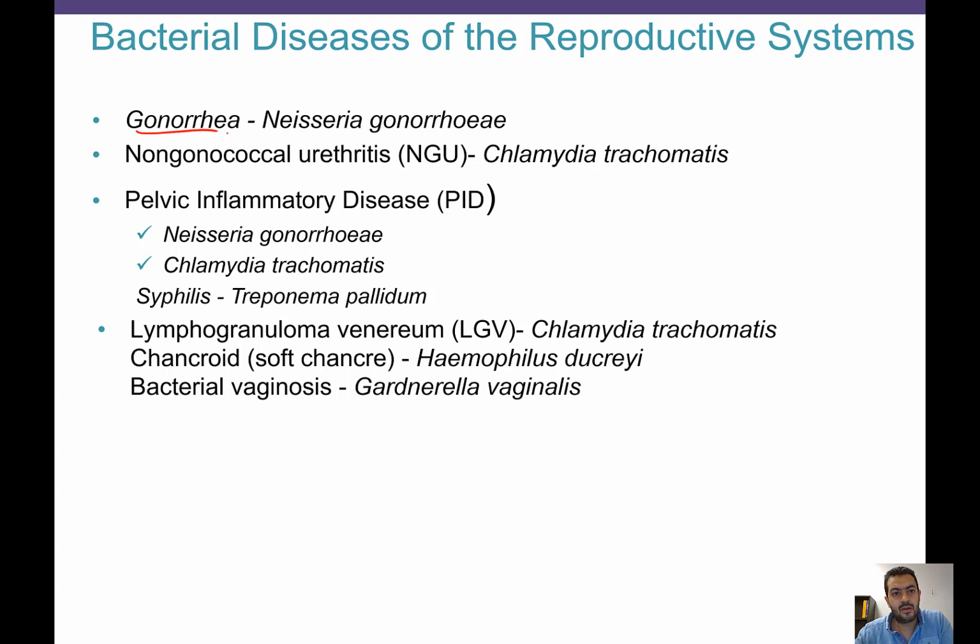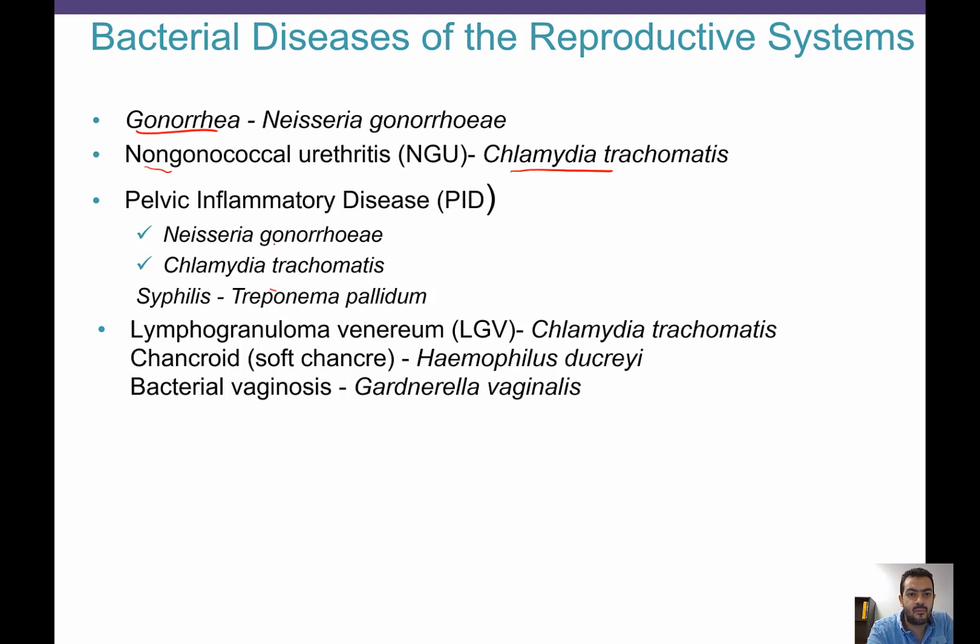Then we have non-gonococcal urethritis. Gonorrhea will cause gonococcal urethritis, but there are some other bacteria causing this urethritis, so they are non-gonococcal urethritis. An example here is Chlamydia trachomatis. Then we have pelvic inflammatory disease, PID. Again, we will mention Neisseria gonorrhoeae here as well, and chlamydia as well.